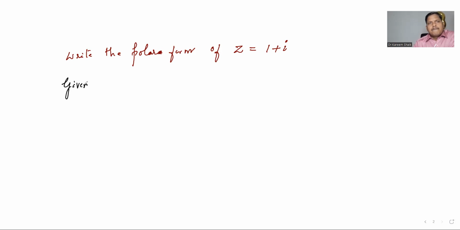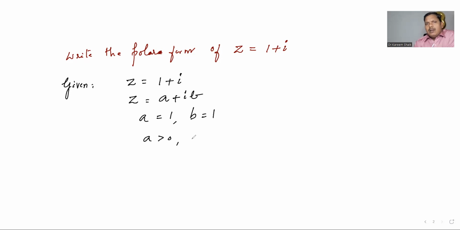Given z equals 1 plus iota. Here compare with z equals a plus iota b. What is the a value here? 1. b value what? 1. Here a is greater than 0 as well as b is also greater than 0. So our angle lies in the first quadrant.